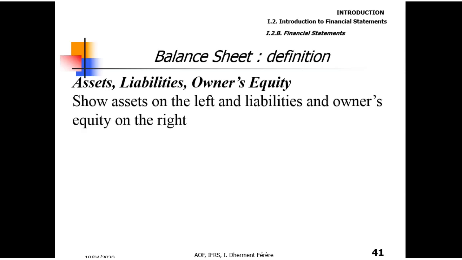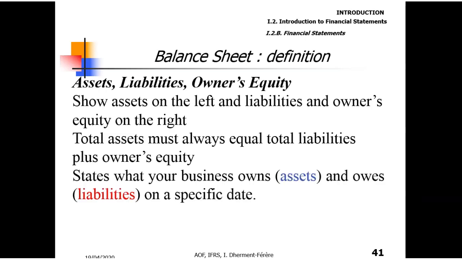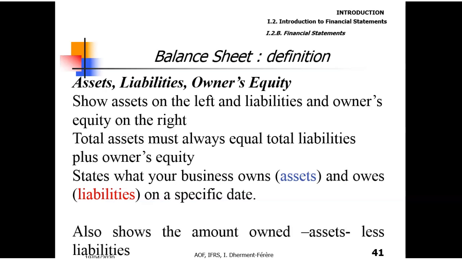Show assets on the left and liabilities and owner's equity on the right. Total assets must always equal total liabilities plus owner's equity. It states what your business owns (assets) and owes (liabilities) on a specific date. It also shows the amount owed to owners: assets less liabilities.